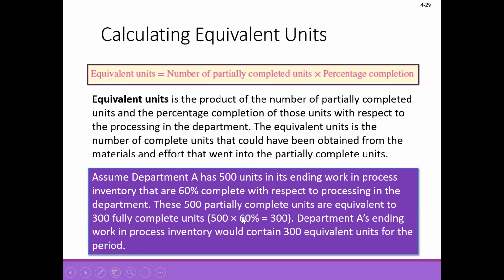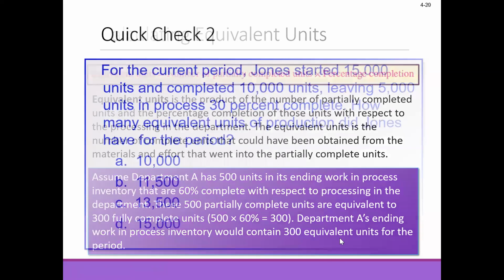If they have been completed 60%, we take those 500 and multiply by the percent completed to come up with what we call equivalent units. So Department A's ending work in process contains 300 equivalent units for the period.